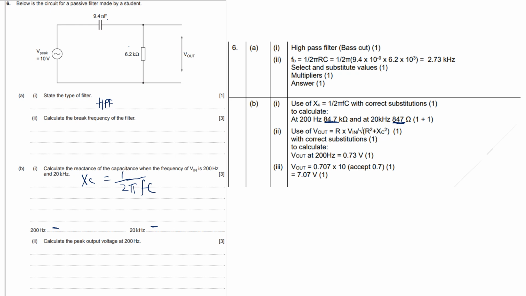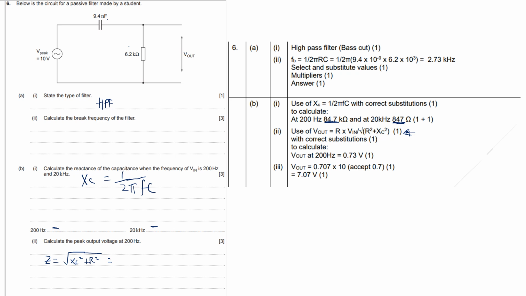Let's see if we can do it, shall we? Let's find the impedance of the circuit first of all. So I'm going to work out Z first. Square root of XC squared plus R squared. Okay, so let's work out the impedance.